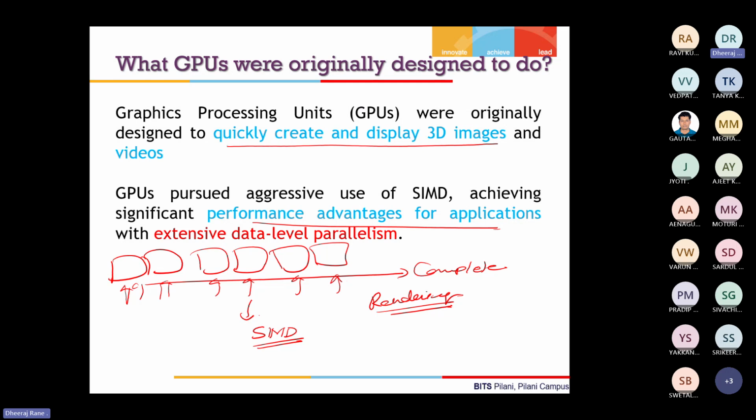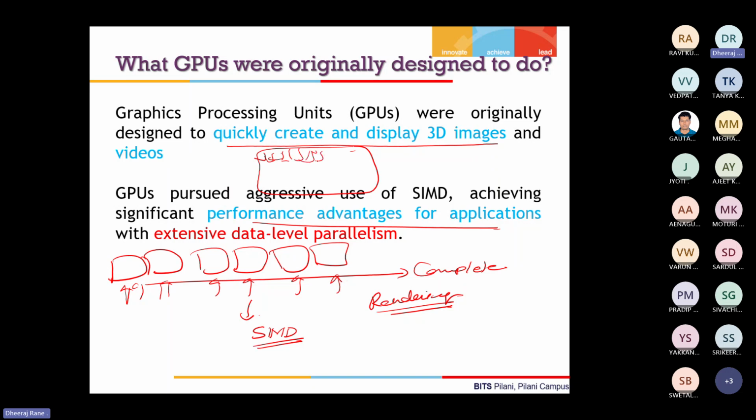Okay, so GPUs, as I told you, were initially designed to quickly create and display 3D images, because ultimately the core concept remains the same. If I'm having an image, corresponding to that image I just have to pick the pixel and do a bit of modification.